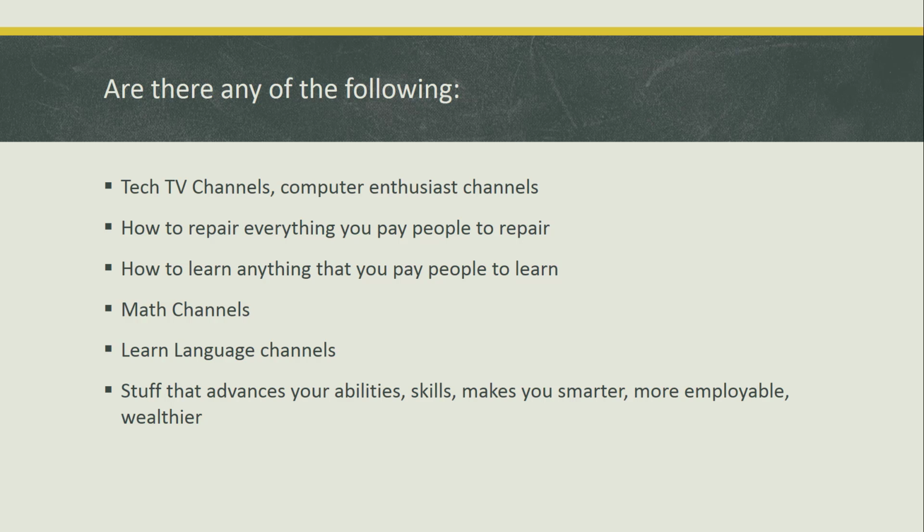So are there any of the following on television? Tech TV channels, computer enthusiast channels, video gaming channels, how to repair everything you pay people to repair, how to learn anything that you pay people to learn, math channels, language-learning channels, stuff that advances your abilities, skills, makes you smarter, more employable, wealthier, more free, independent?